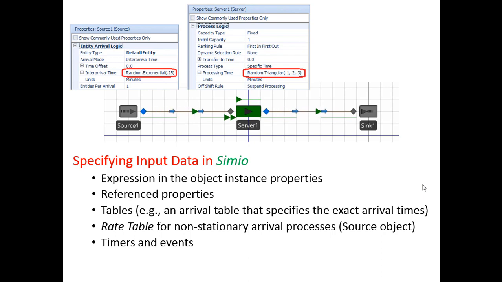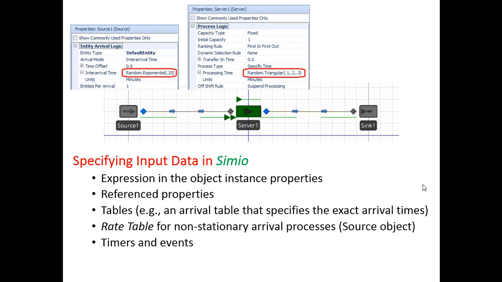For example, consider a conwip queuing model where you want to maintain a constant amount of work in progress. So every time a part leaves the system, you want to create a new part. So the event of interest here is when an entity leaves the system. And whenever that event happens, you trigger an arrival into your system.